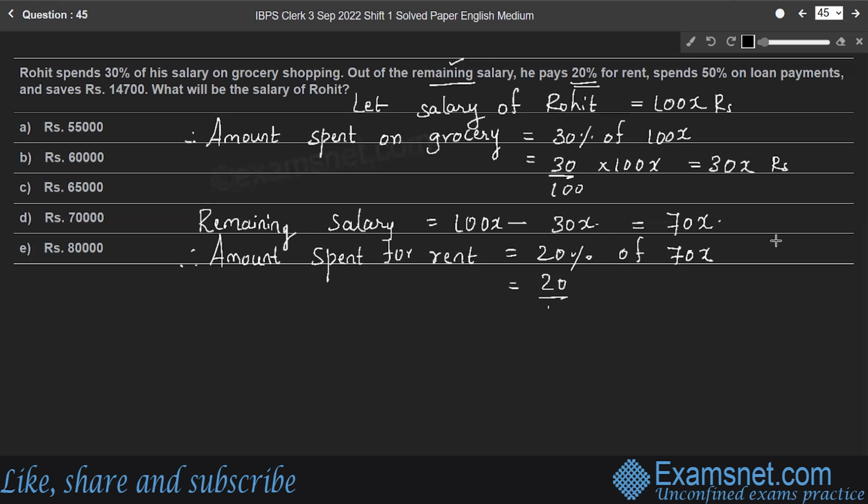So 20 by 100 into 70x. 20 by 100 is 1 by 5, so 70 by 5 is 14, into x. So 14x rupees is the amount spent for rent. And he spent 50% of the remaining salary on loan payments.